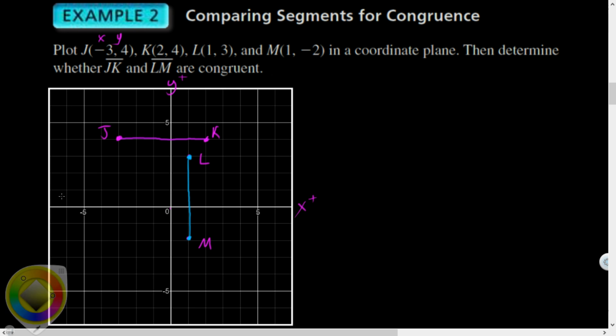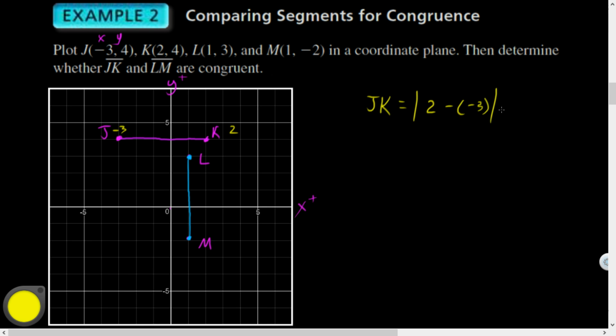Sí, excelente. So let's see. Now, if I want to find the distance from J to K, notice these are kind of horizontally oriented to one another. This is -3 over, and this is 2 over. So if I want to find JK, the distance, I could just do the absolute value of their difference, because these are conveniently horizontal.